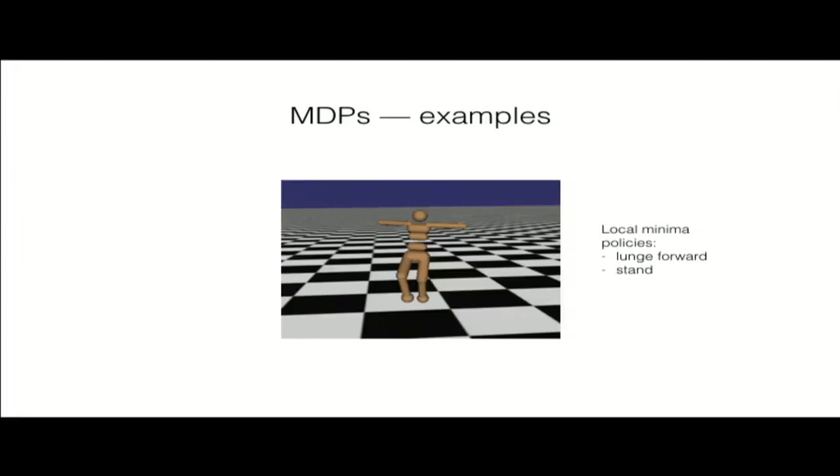As you're tuning these coefficients, you would find that you often get stuck in one of these two local minima, where either you're lunging forward as fast as possible and then falling over and giving up on trying to stay balanced, or you're just standing still and not bothering trying to move forward. And you're likely to see those also if your hyperparameters aren't exactly right.